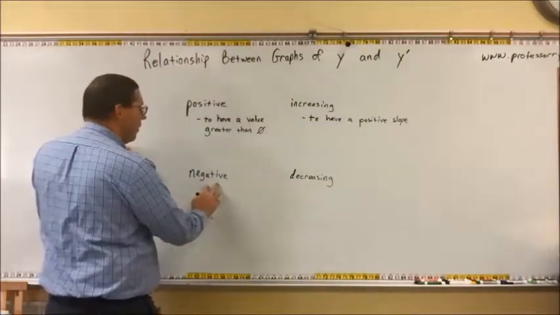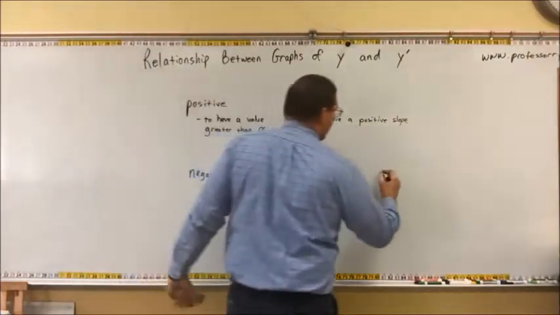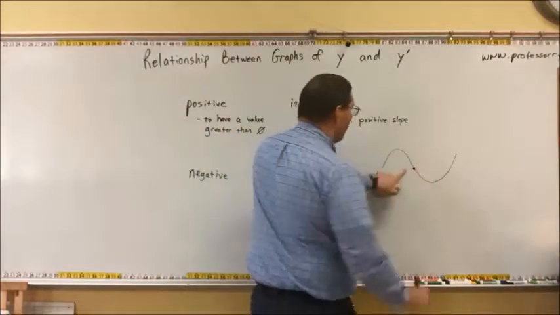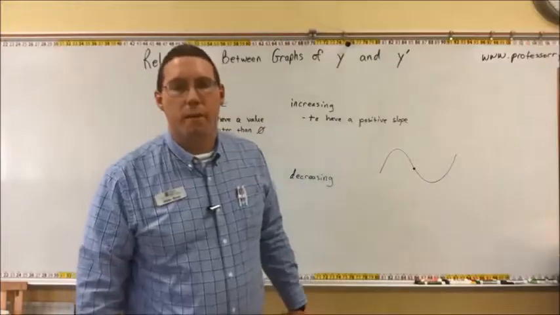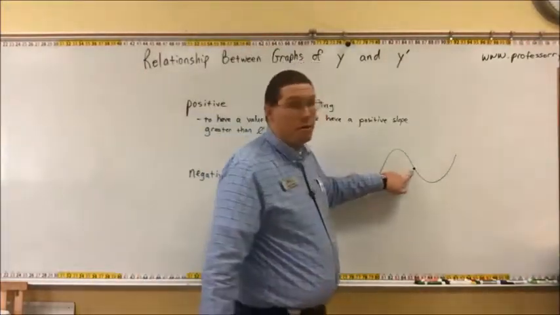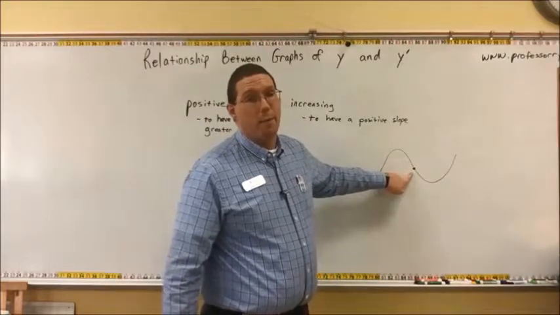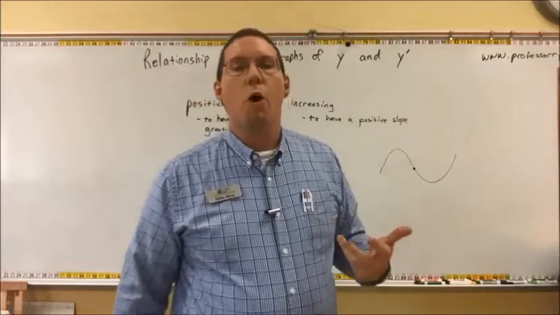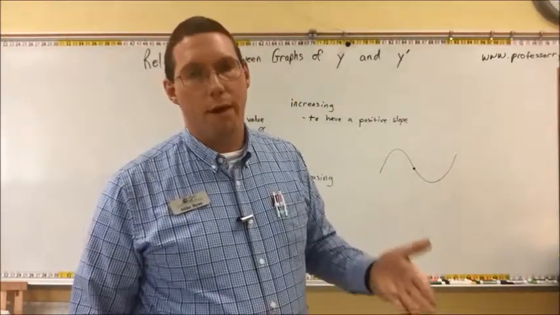Similarly, negative. Sometimes I'll show a graph and I'll say, well, tell me about the slope at this point. And they'll say the slope is decreasing. And I'll say that is true. At this point, the slope is decreasing. However, that's not what I was asking you. I didn't ask you if the slope was decreasing. I was asking you whether the slope is positive or negative.